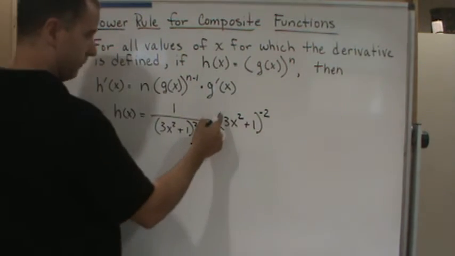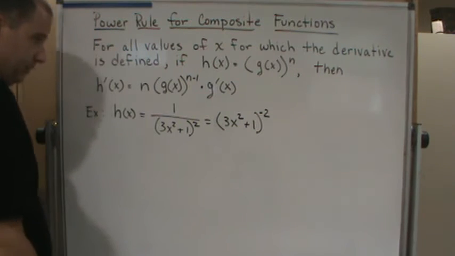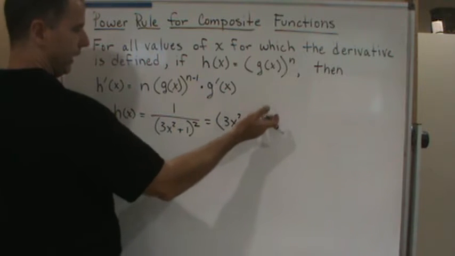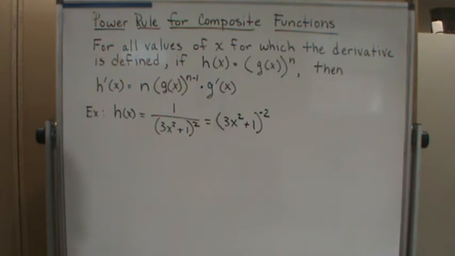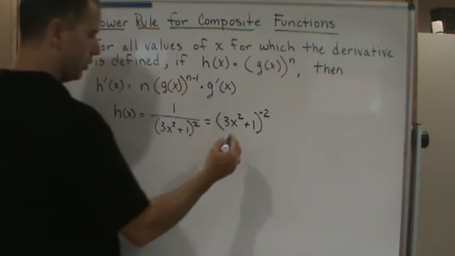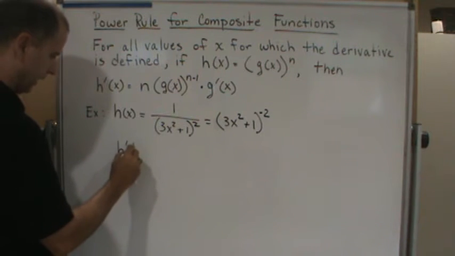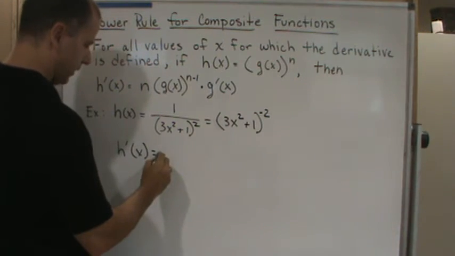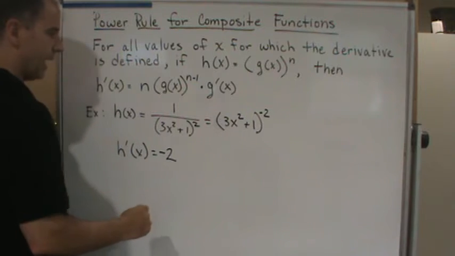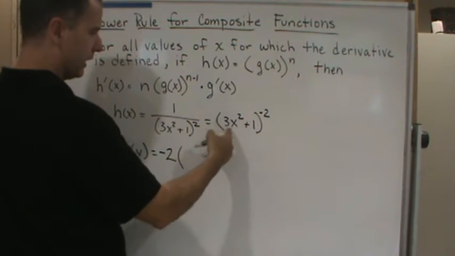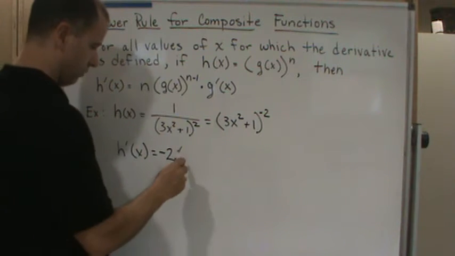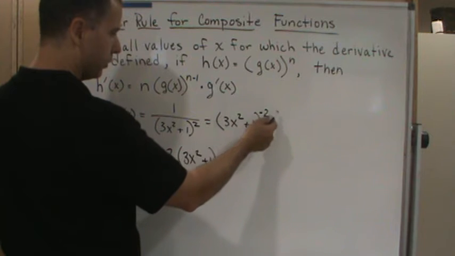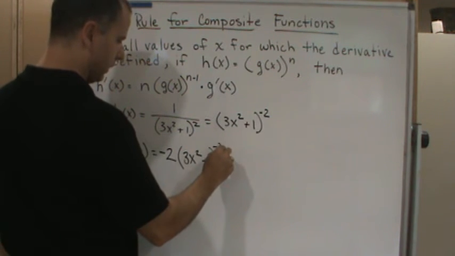In this case, the outside function is f of x equals x to the negative second power, so we're going to use the power rule. h prime of x is going to equal, we drop the negative 2 down, negative 2, times, now I'm just going to keep this inside function unchanged, so it's just 3x squared plus 1, and now I'm going to reduce the exponent by 1, so that'll give me a negative 3.